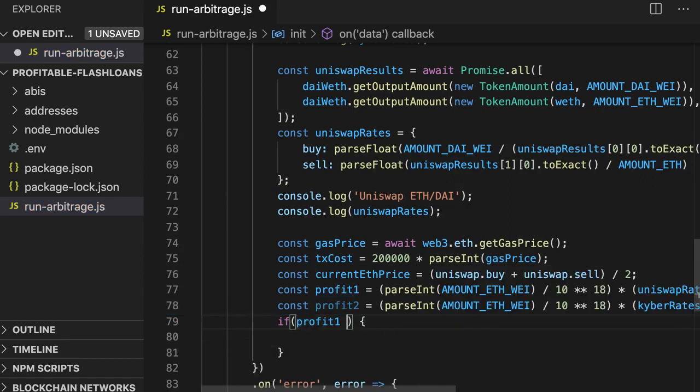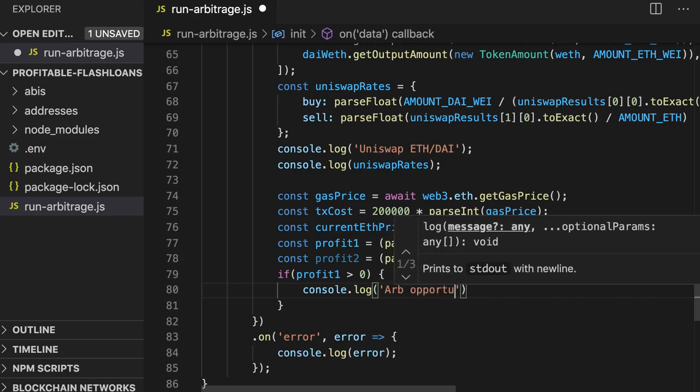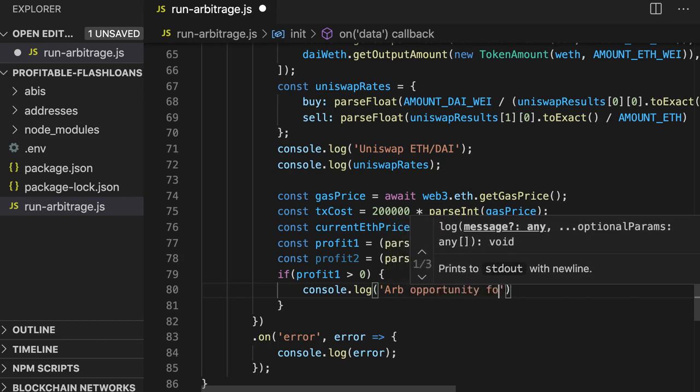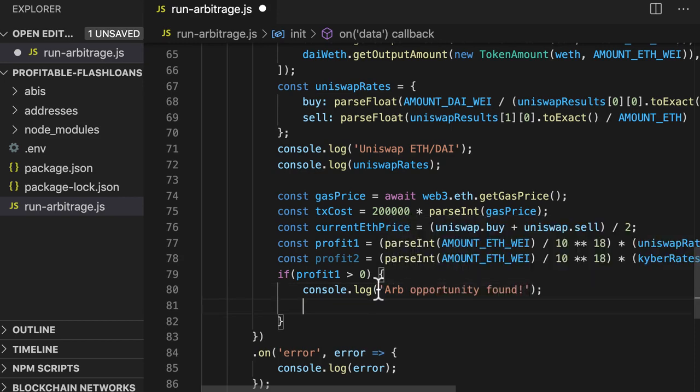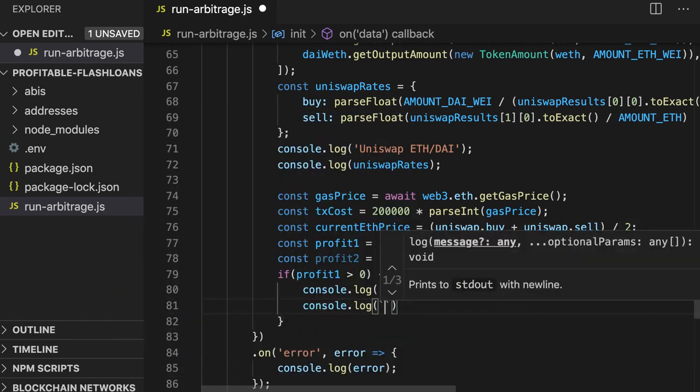If profit 1 is strictly superior to 0, then we console log opportunity found. Then we're going to explain what's the detail of the arbitrage.